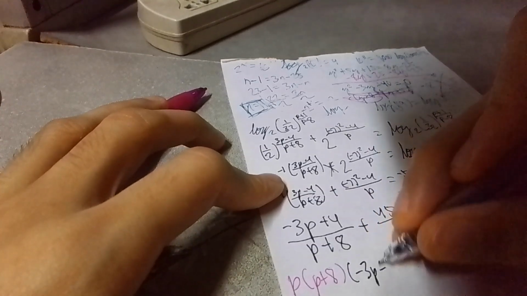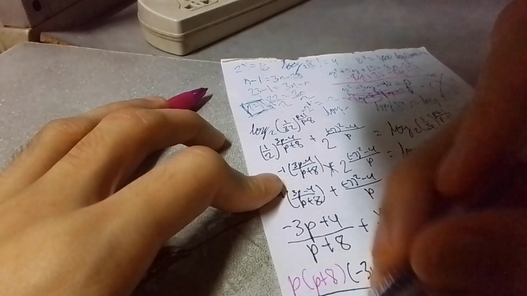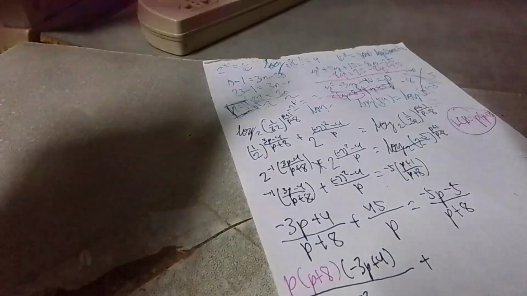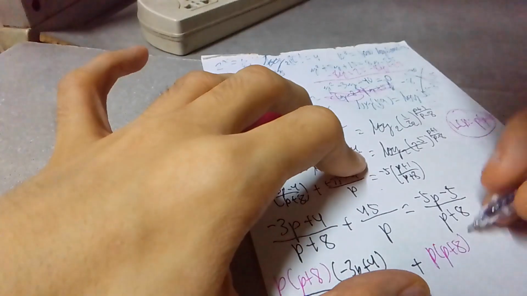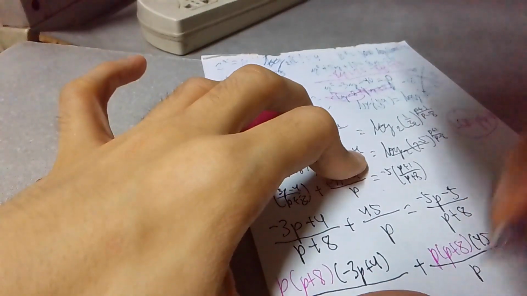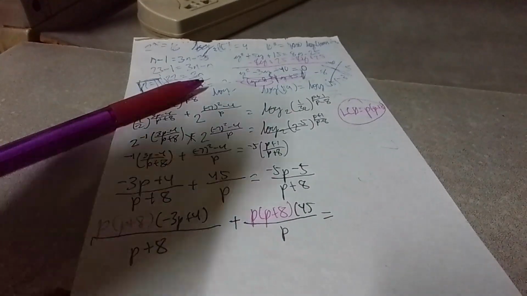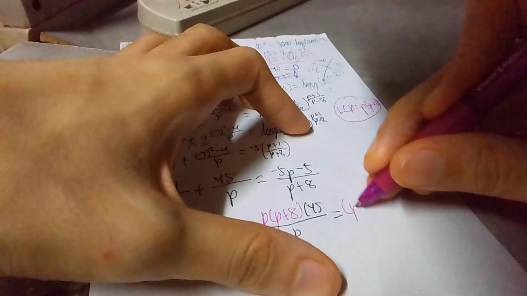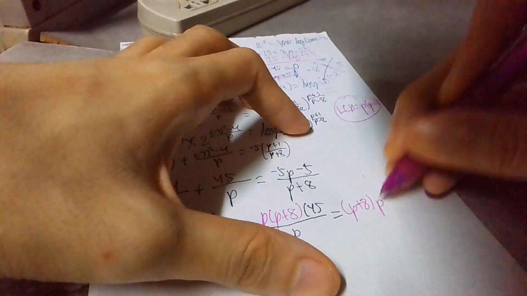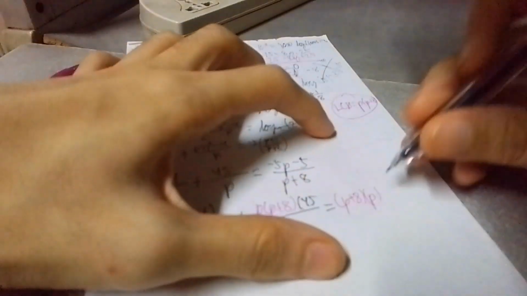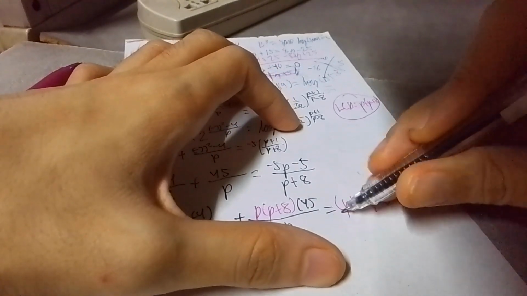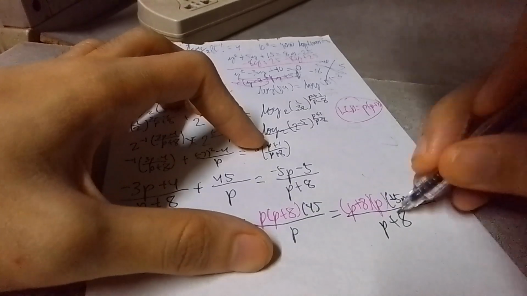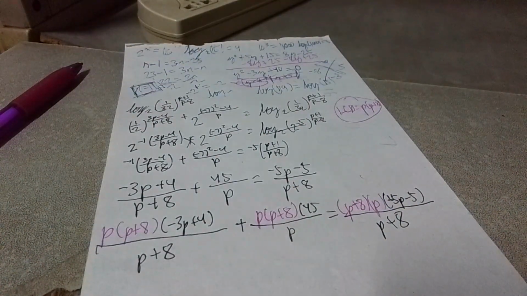The negative 3p plus 4 over p plus 8. Plus, on the second hand, we have, is equivalent to, on the right side, we have, that's it, right? We multiply everything by the LCD, which is p times p plus 8.